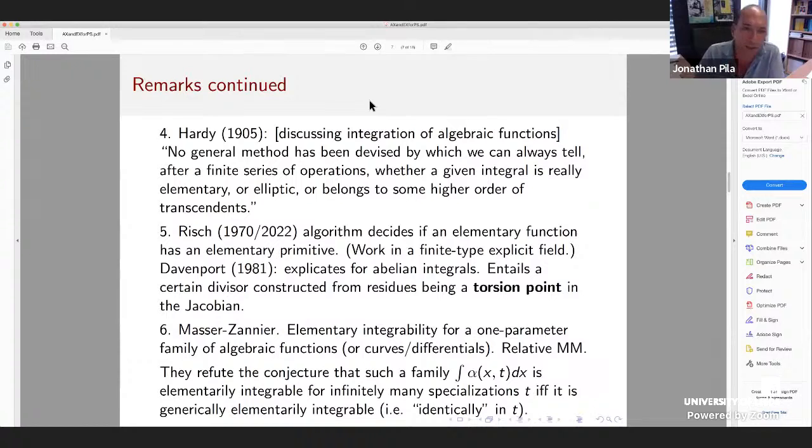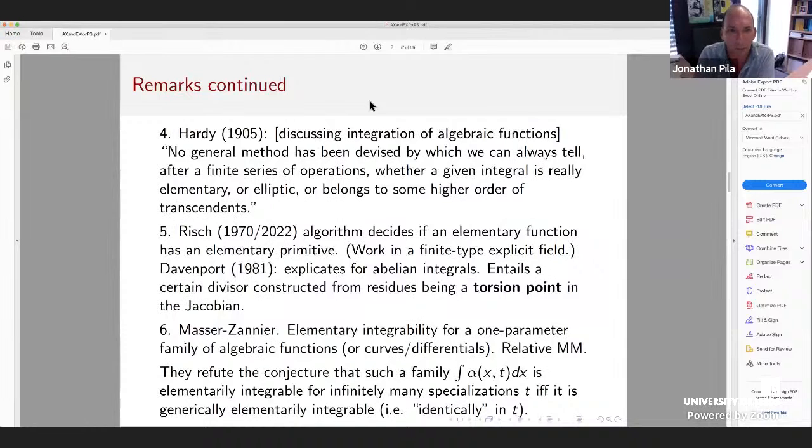So Davenport in 1981 explicates this method and even implements it for abelian integrals. So this is an algorithm that will decide whether an abelian integral is elementary. And this entails a certain divisor constructed from residues being a torsion point in the Jacobian.